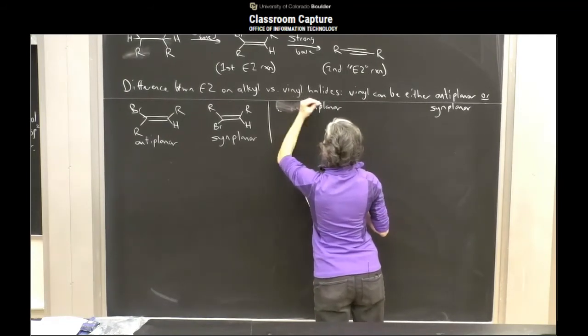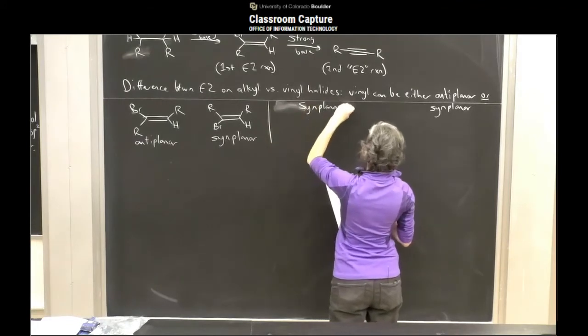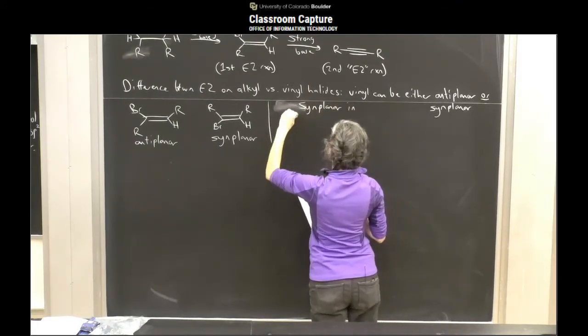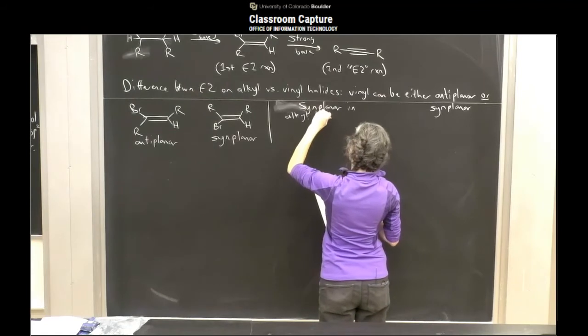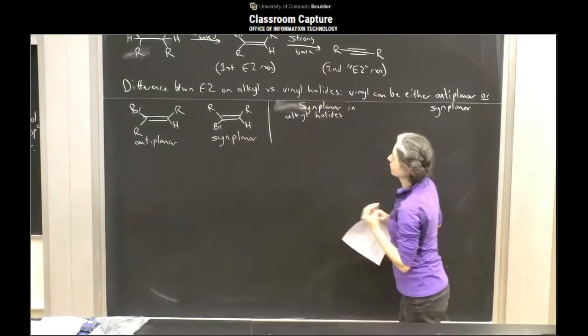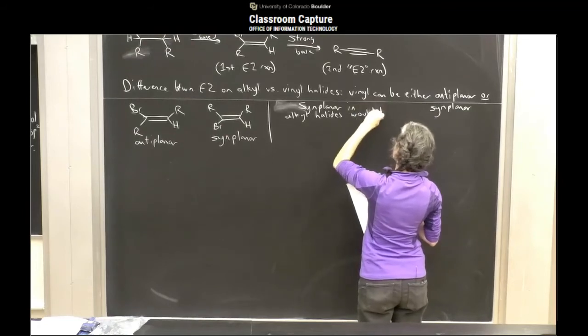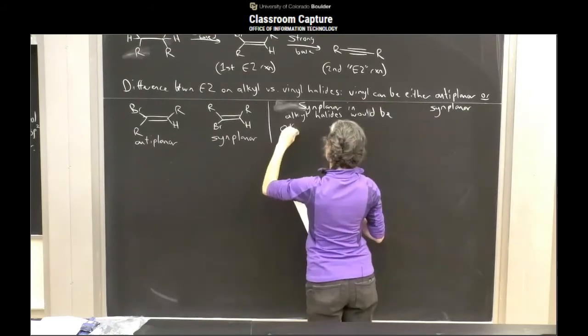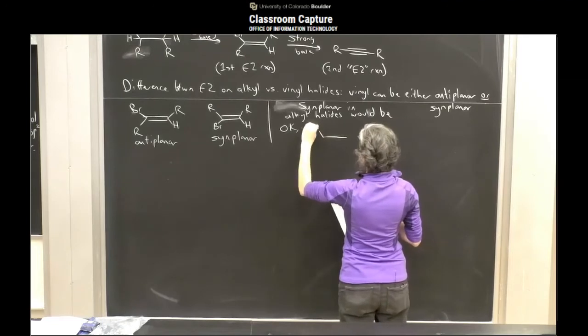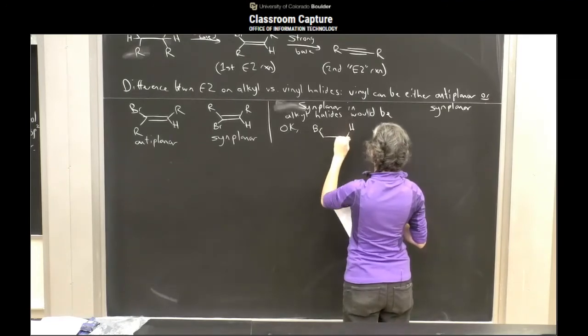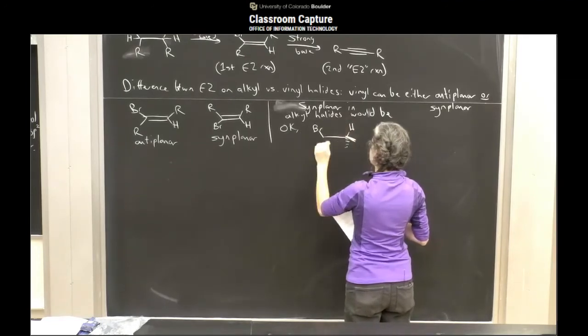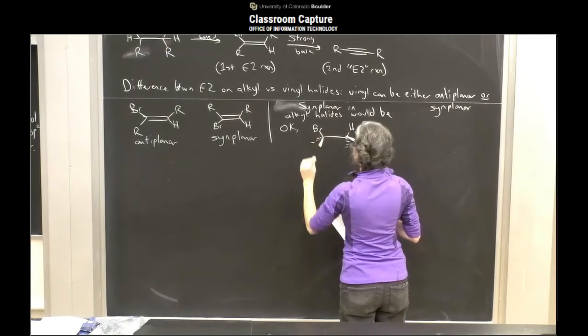I guess to phrase this, synplanar in alkyl halides would work okay for E2. So like Br here, H here, and then whatever else out here.